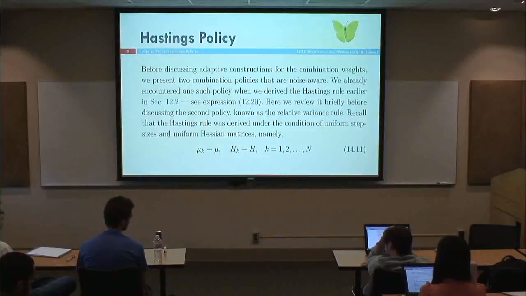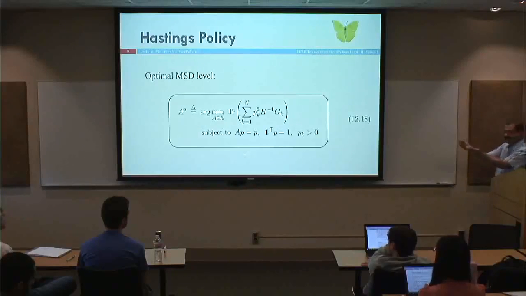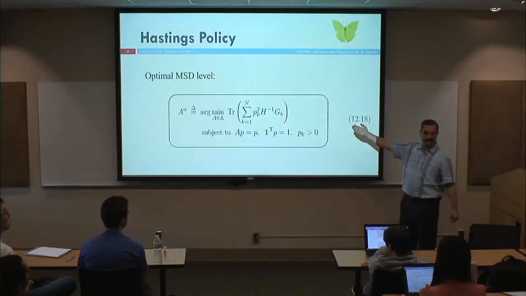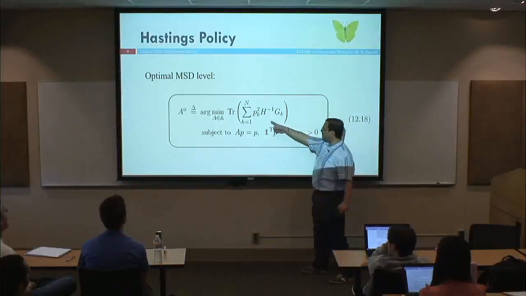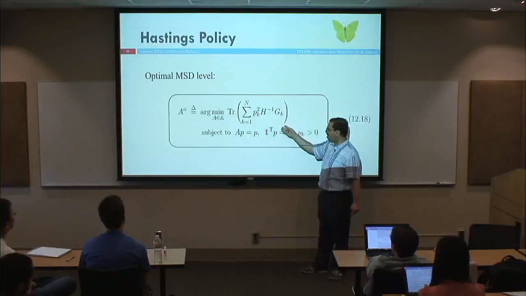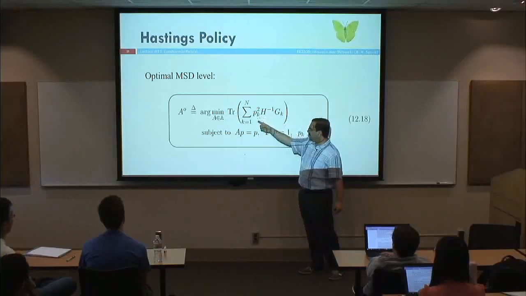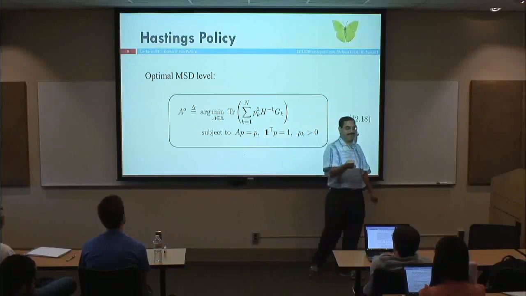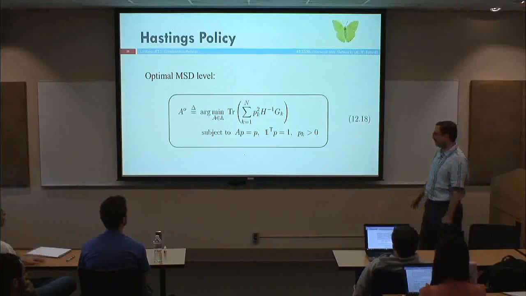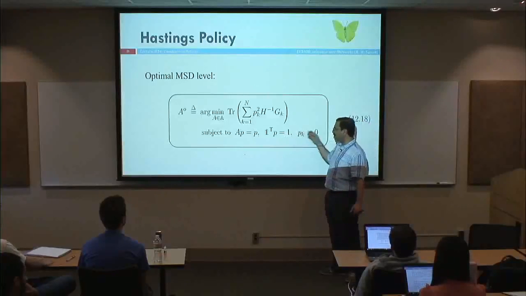To derive the Hastings rule, I assumed that the Hessian matrices were uniform across the agents. Remember that? Then I formulated a problem like this. The MSD expression under that condition reduced to a form like this. Find the P's in order to minimize the sum of the trace, subject to the condition that those P's will be the entries of the Perron eigenvector of the resulting matrix A, and they add up to one and they are positive.